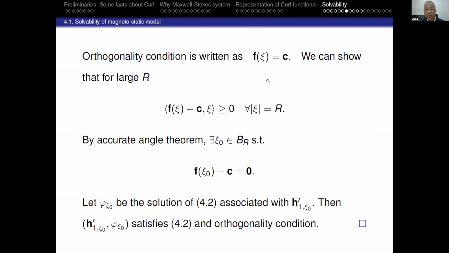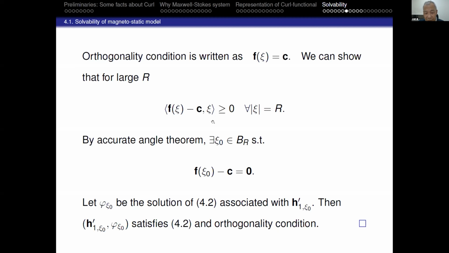And then you can show that actually, you can find some large R. If xi is on this sphere, then you have F of xi minus xi making an acute angle. And then you use the acute angle theorem for a continuous map in finite dimension.